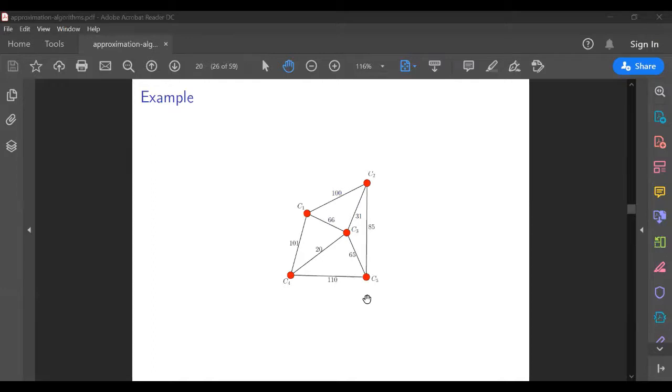Now you look at how the graph has been created. We have around 5 cities and almost all are connected, and you have the weights associated. You are able to see, right? Now I need to find a cycle which starts at any one of the vertices and comes back to the same vertex.